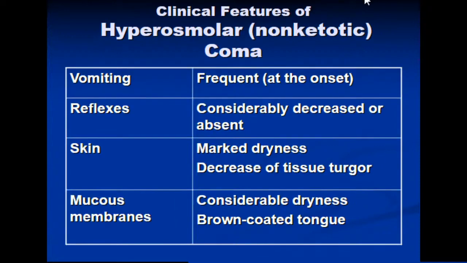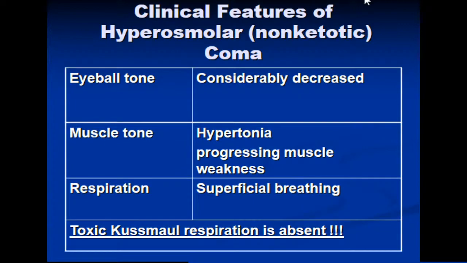Vomiting frequent at the onset of disease. Reflexes considerably decreased or absent. Skin marked dryness, decrease of tissue turgor; mucous membranes considerable dryness, brown coated tongue, eyeball tone considerably decreased. Muscle tone: hypertonia, progressing muscle weakness.